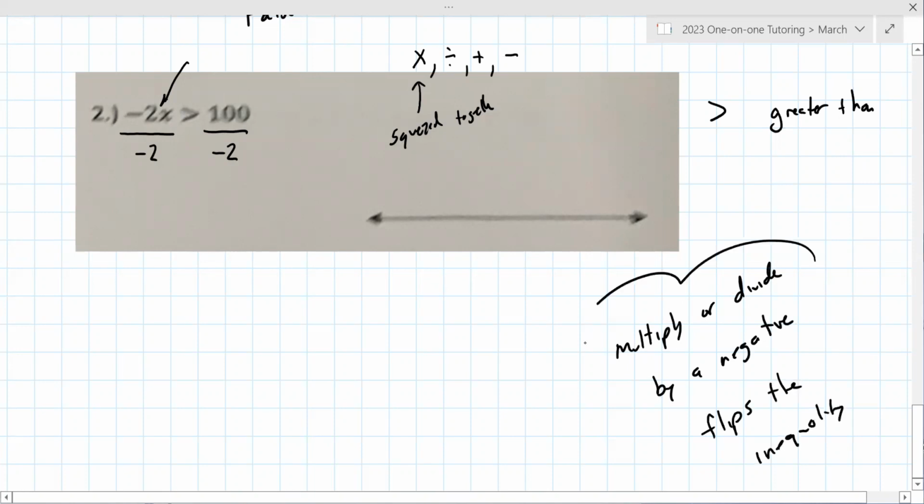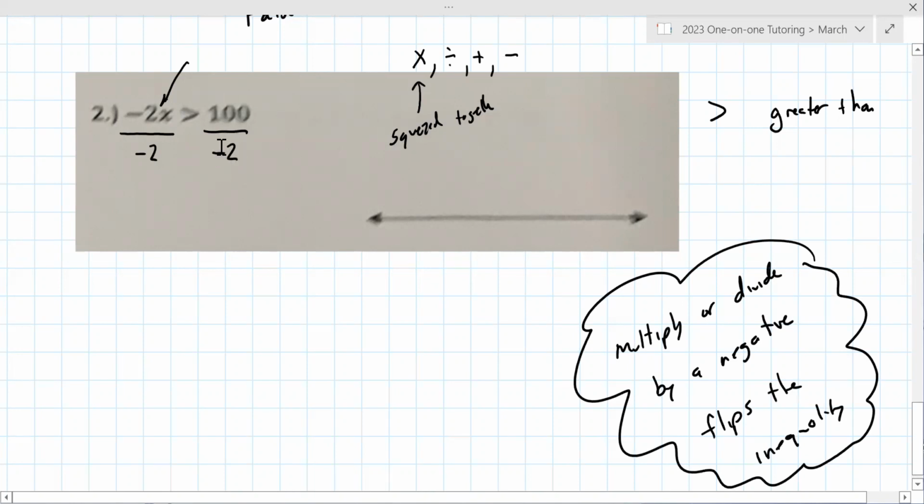And that's the main takeaway from today's lesson for you. So in this case, are you dividing by a negative? No, positive. But I thought it flips the inequality. It does. That's what I'm saying. If you divide by a negative or multiply by a negative, it flips the inequality.